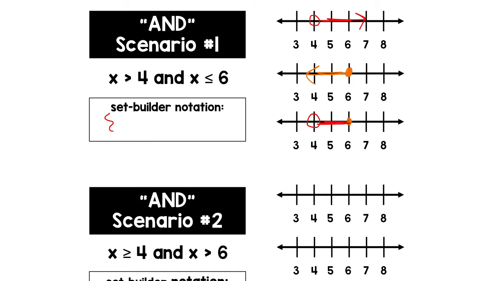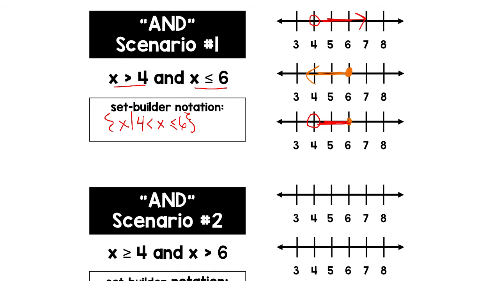Our set builder notation, only for an "and" inequality is possible. We're going to put the smallest number first, and our variable, and then the biggest number, and then the signs go between them. All the signs have to face the same direction. So this one gets to stay the same, and this one we need to flip around.